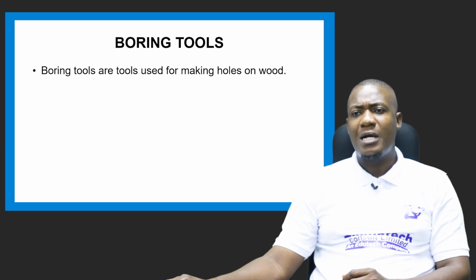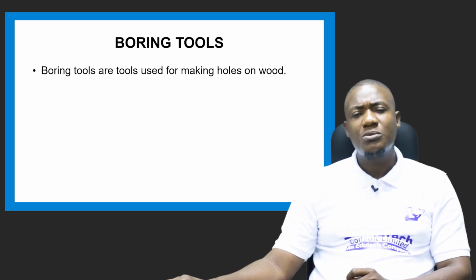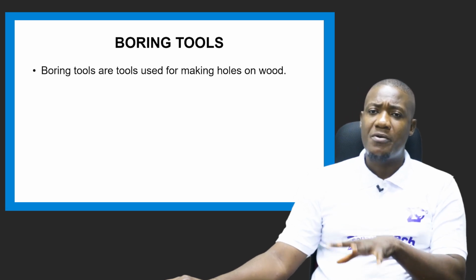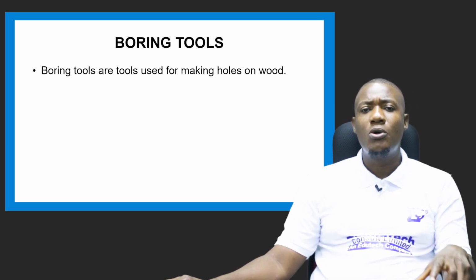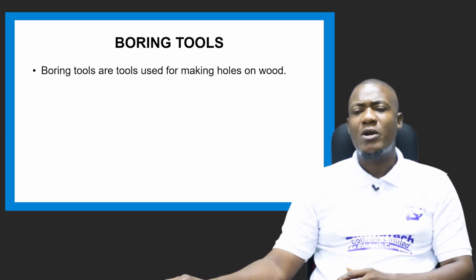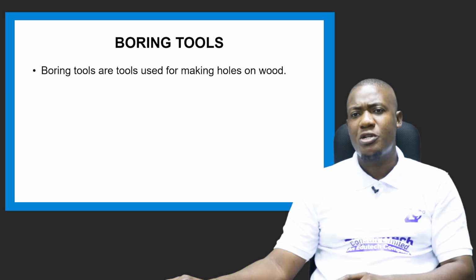Boring tools are tools used for making holes on wood. When you are working on wood, there are certain tools that you require to bore holes on the wood for different reasons. So we're going to look at those tools. They are called boring tools.